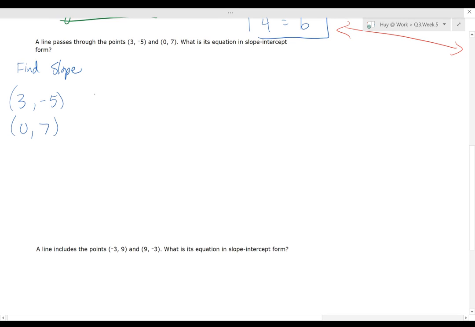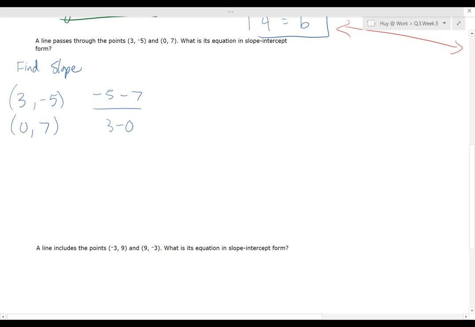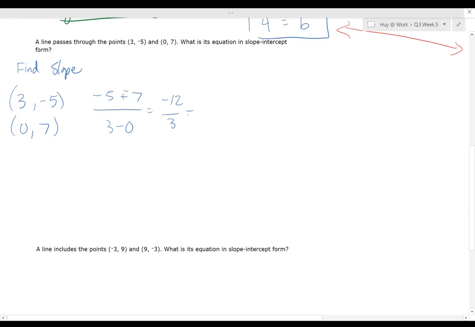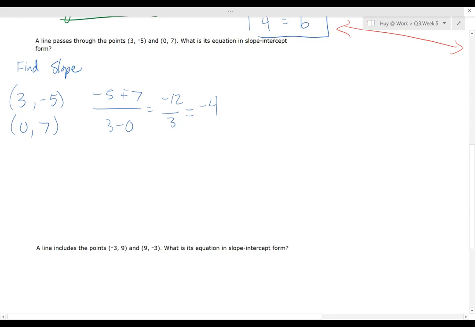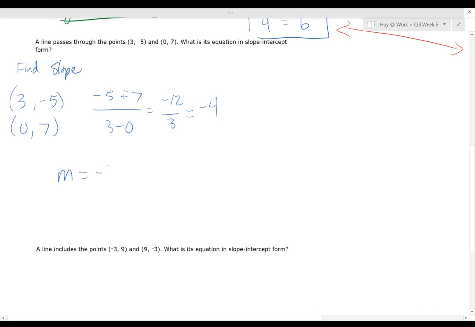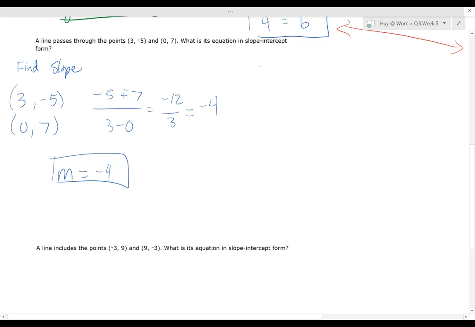So let's subtract: -5 minus 7 over 3 minus 0. That's -12 over 3, which is -4. Okay, so we got m equals -4. We're going to need that information to find the y-intercept.